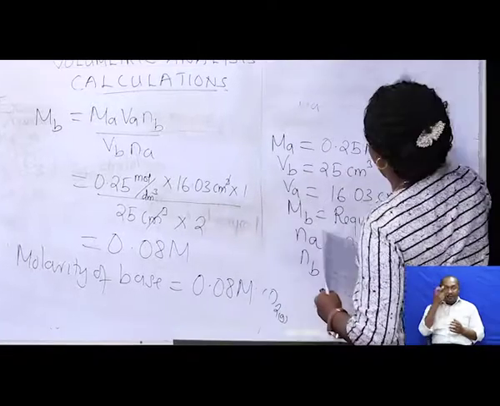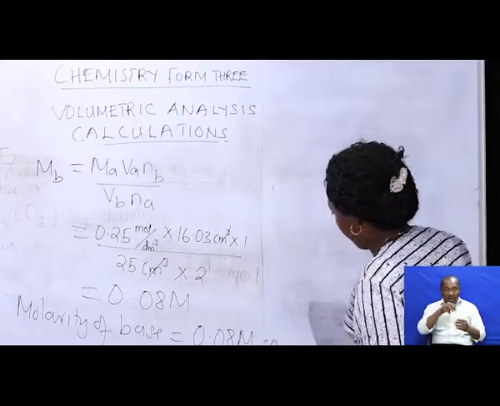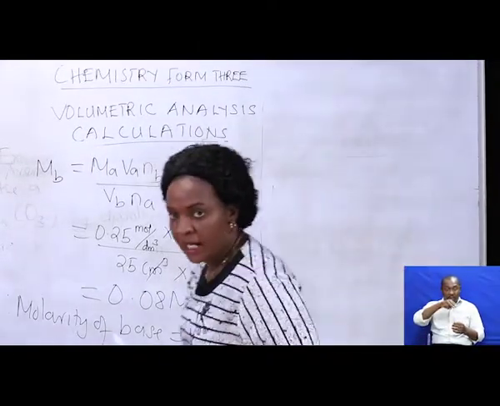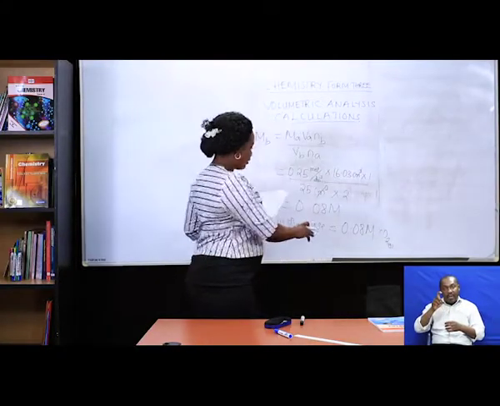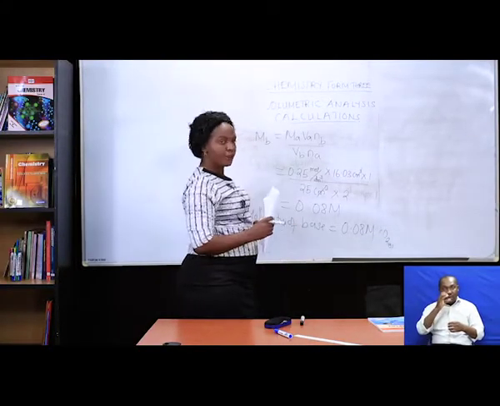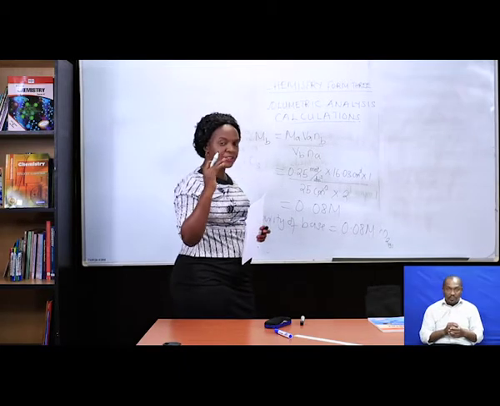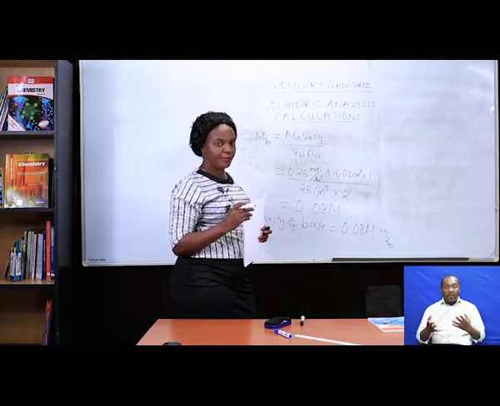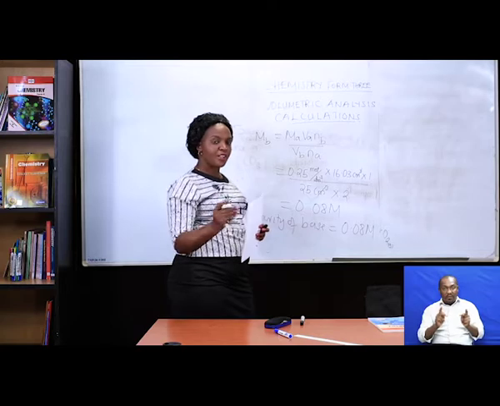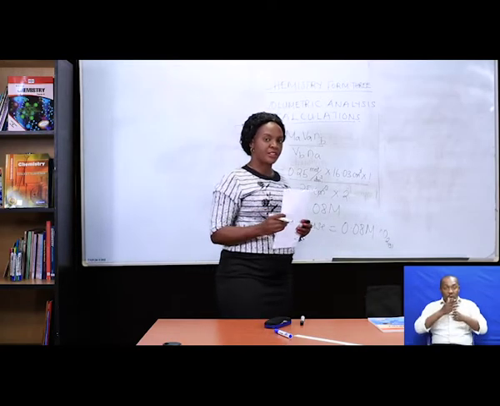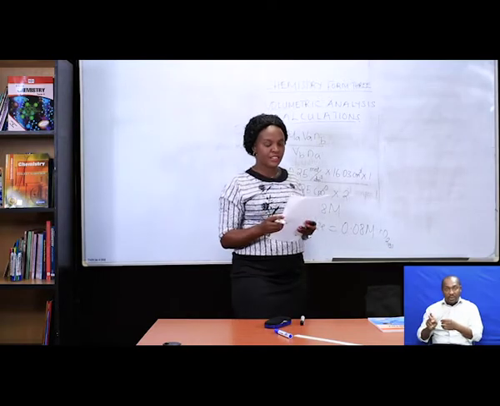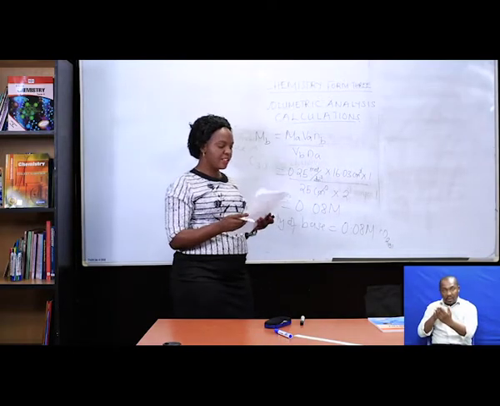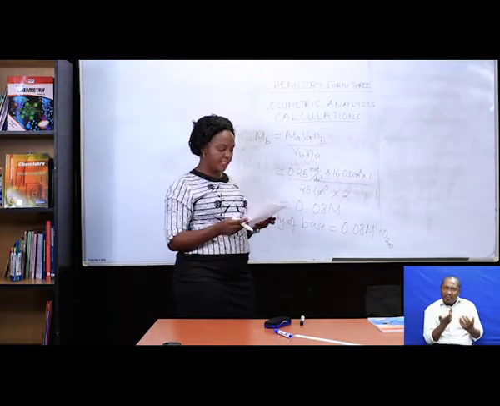Now the next is find the molar mass of metal carbonate. We have the molarity. We need to find the molar mass. You cannot get the molar mass if you don't have a concentration. So if you recall back to the question, you are going to read that it was how much dissolved in 250 cubic centimeter.